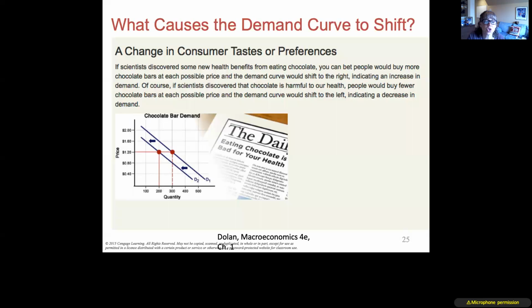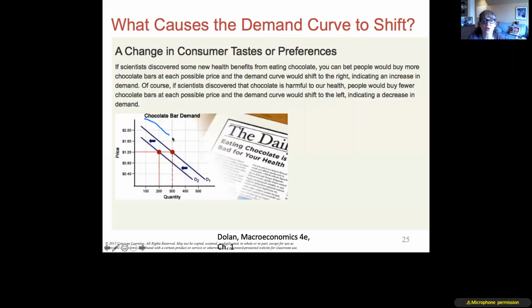In the case of our chocolate bars, you can see some different effects. Okay, so if scientists were to discover some new health benefits from eating chocolate, you can bet that people would buy more chocolate bars.